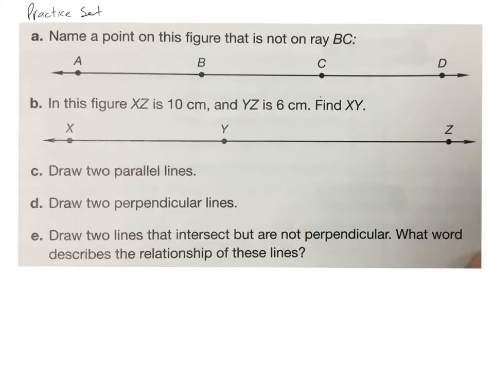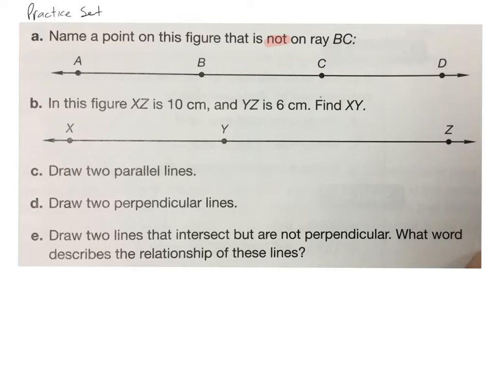All right, so let's go ahead and get started on some of these, and this is from the practice set. Part A says, name a point on this figure that is not on ray BC. I'm noticing that I have 4 points.